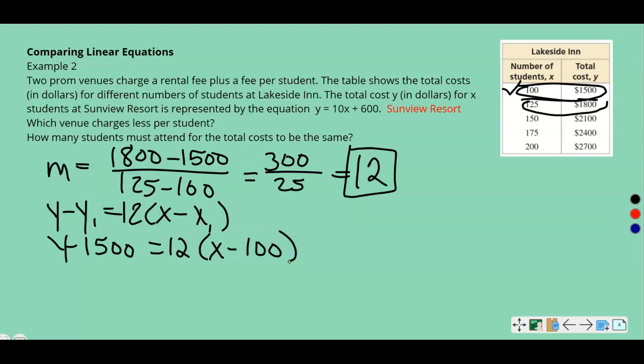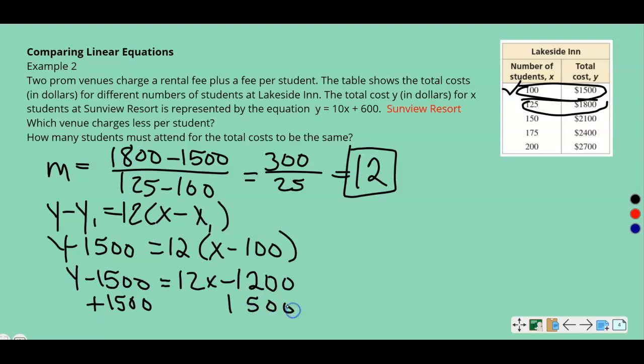And then we can rewrite it. So y minus 1500 equals 12x minus 1200. Add 1500. That'll put it in the same form as the other equation. Y equals 12x plus 300.